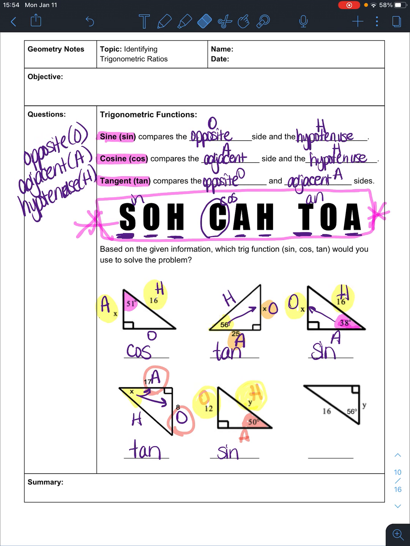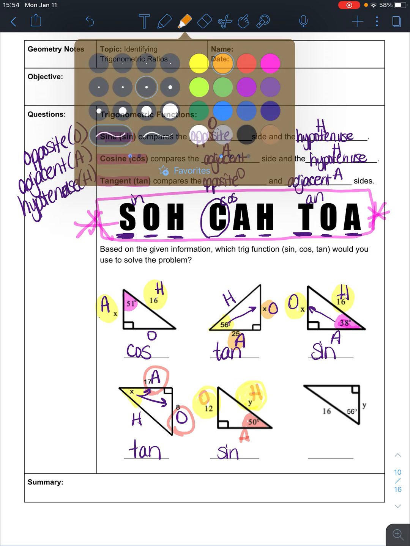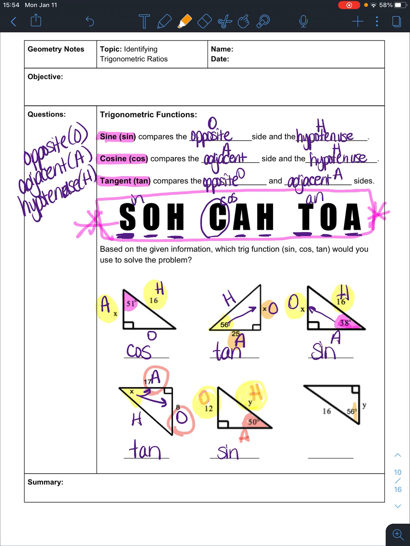Then this last question, we have this 56-degree angle right here. Look where everything is relative to your angles and your right angles. So this 16 is your hypotenuse. This blank side right here is your opposite, and this Y is your adjacent.